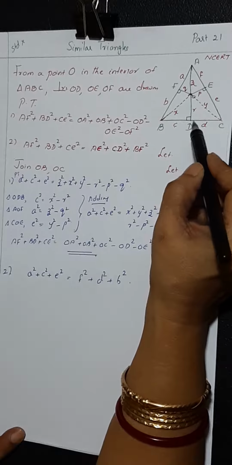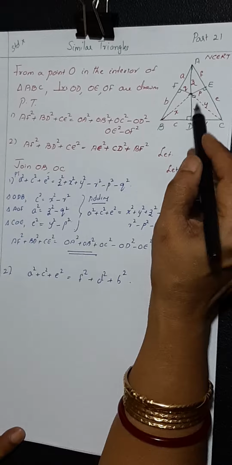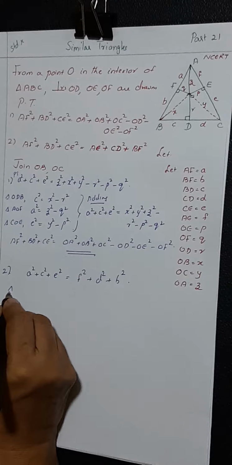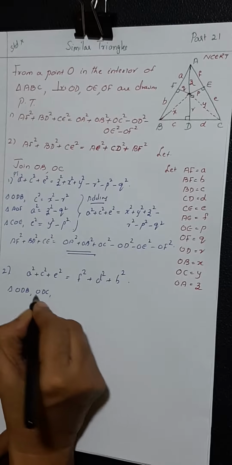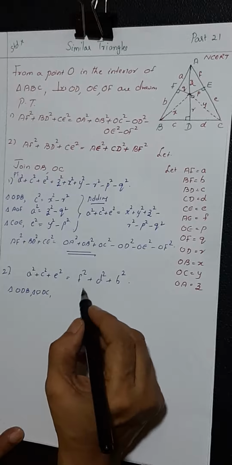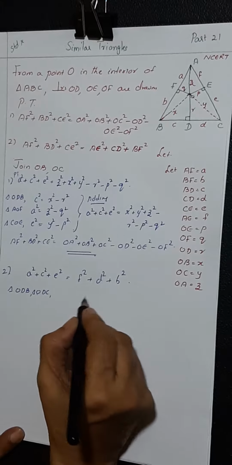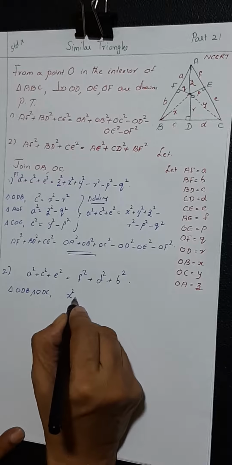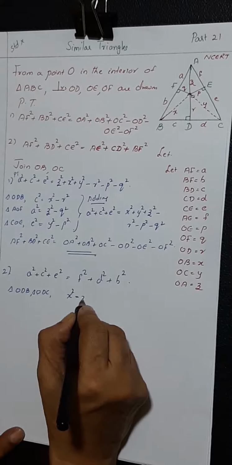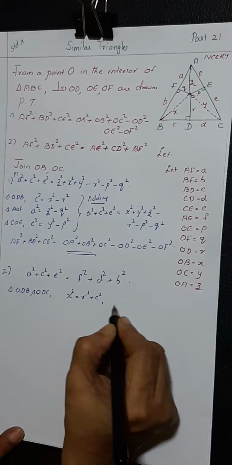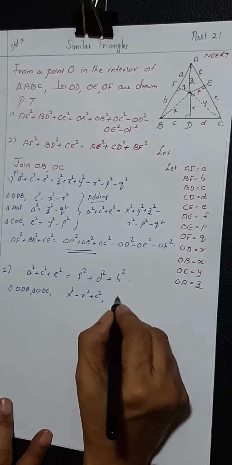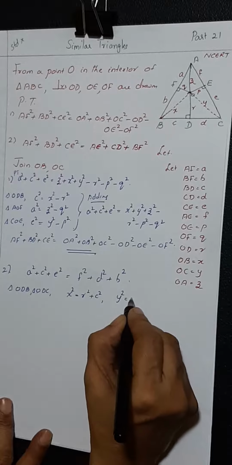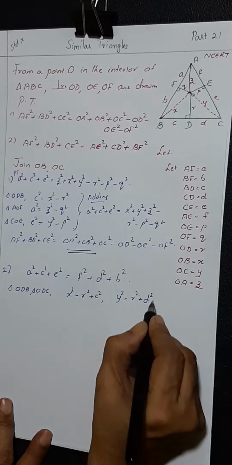In triangle ODB and ODC, we can write OB squared, that is x squared, is equal to r squared plus c squared, and we can also write OC squared, that is y squared, is equal to r squared plus d squared.